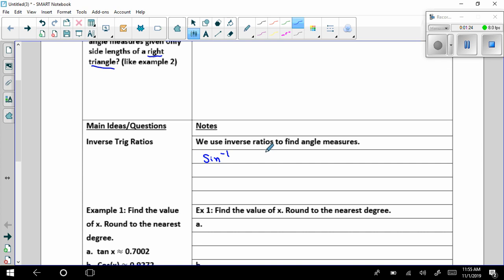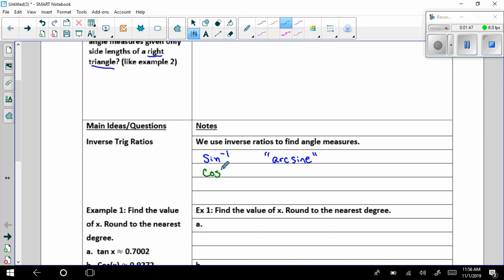So sine to the -1 you'll see on your calculator is above the sine button. So you'll have to hit the shift to get it to go there. But it means arc sine. Okay, so the arc sine of a number. And so that's the case with all of these.